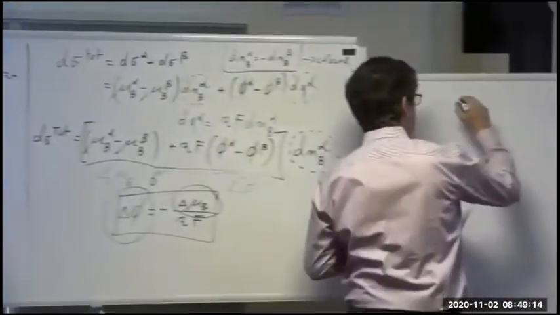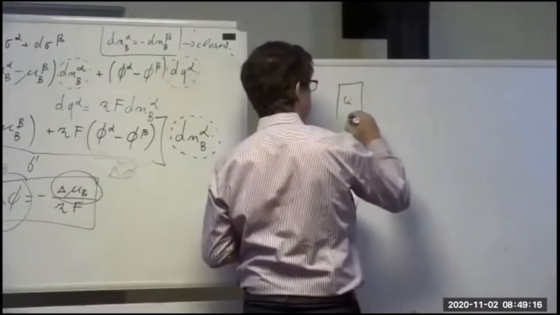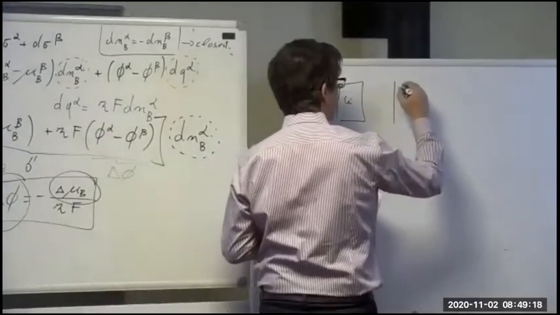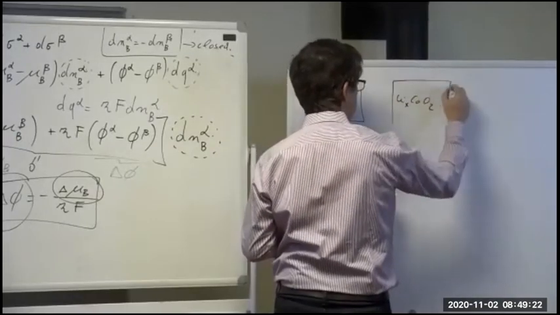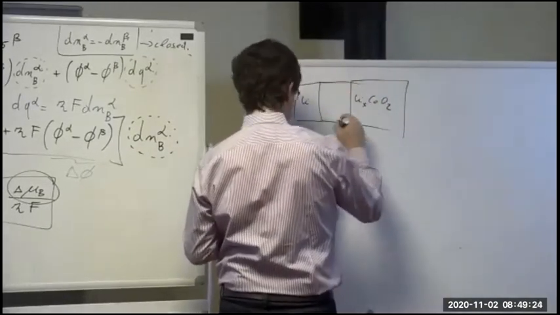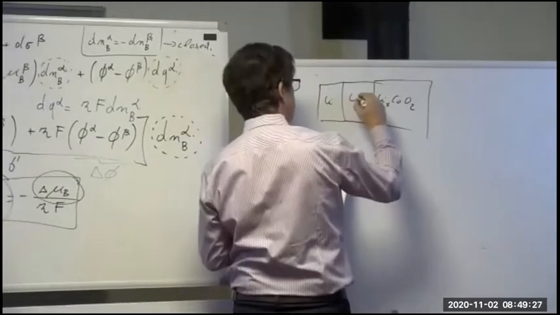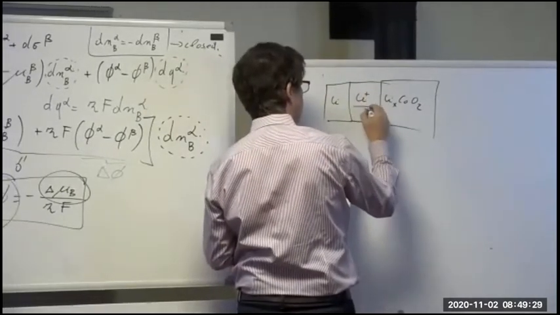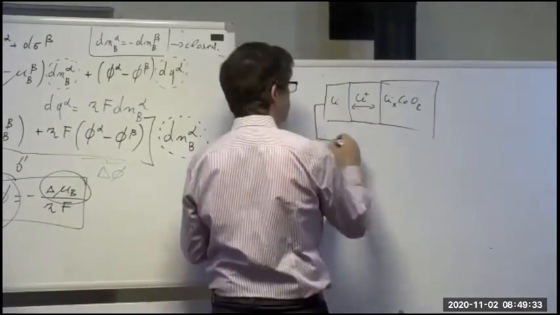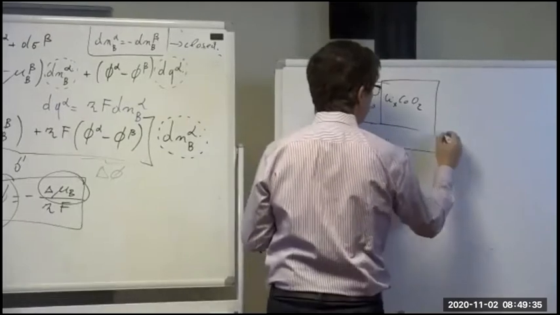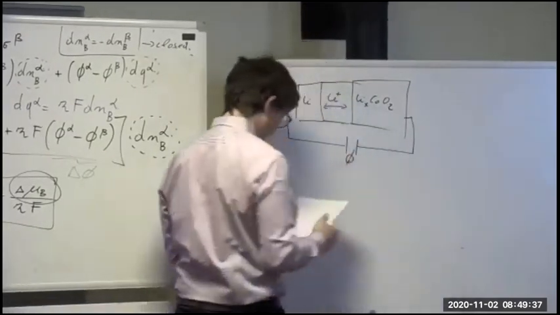So if you put a lithium metal electrode against a typical cathode material, which in a lithium battery could be something like lithium cobalt oxide, and you put an electrolyte in between, and the electrolyte only moves lithium ions back and forth, then you can measure a potential difference in many cases.